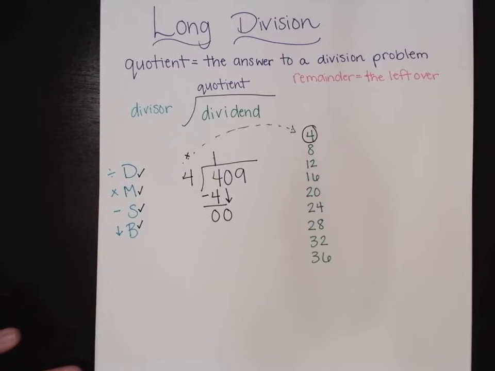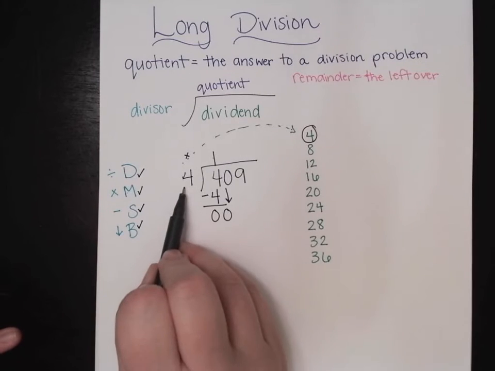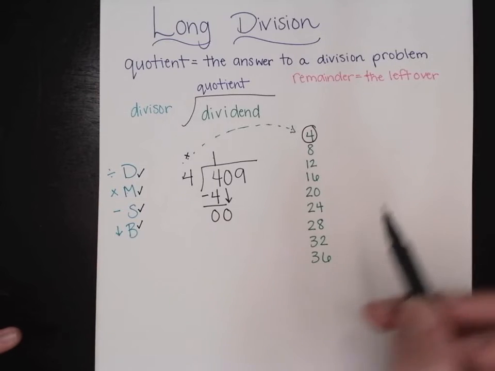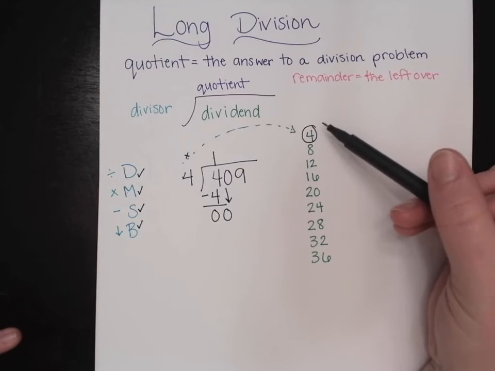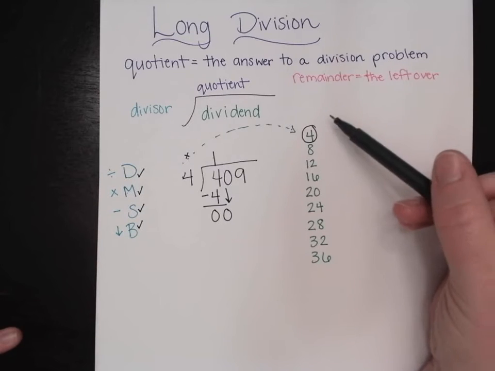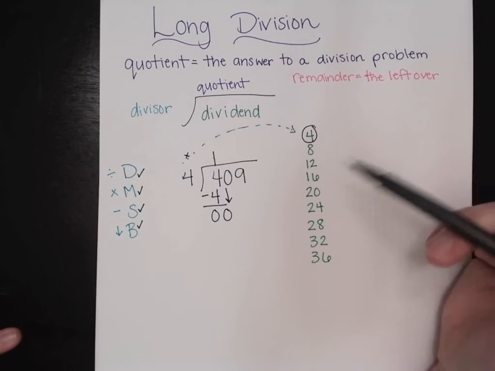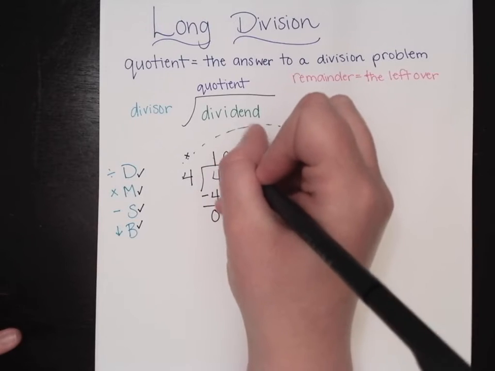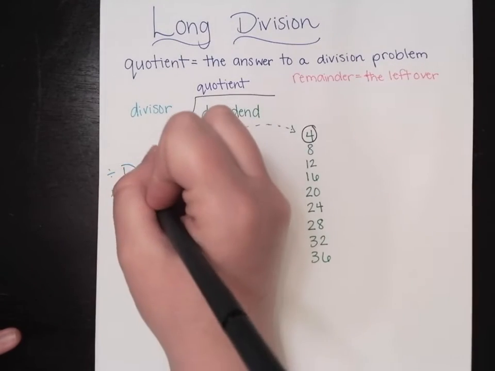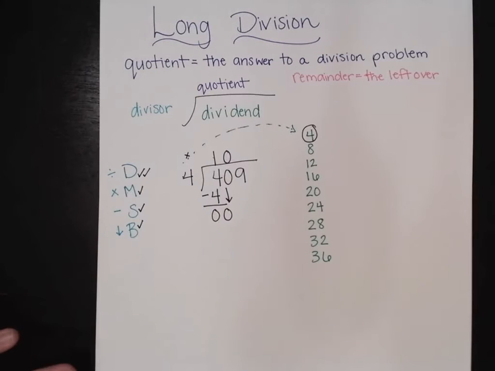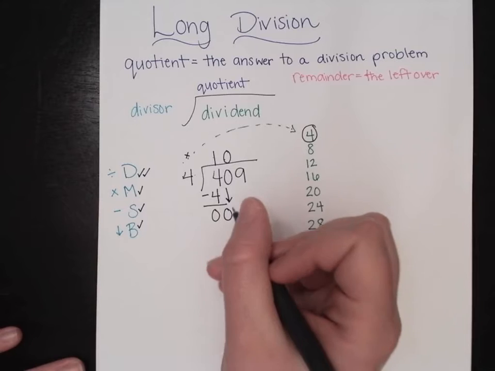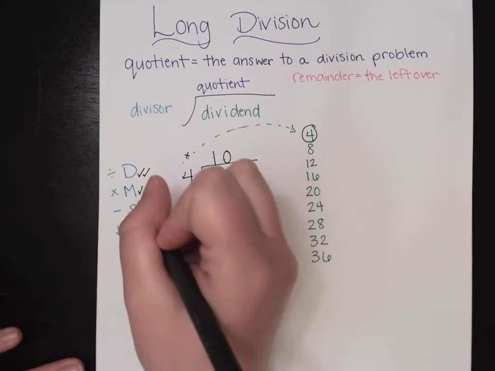So now I'm thinking to myself, how many times does 4 go into 0? So I'm going to come to my list, and I'm going to get as close to 0 as I can without going over. Well, I can't do that. So that answer would be 0 times. 4 goes into 0, 0 times. Check, because that's your division step. 0 times 4 equals 0.